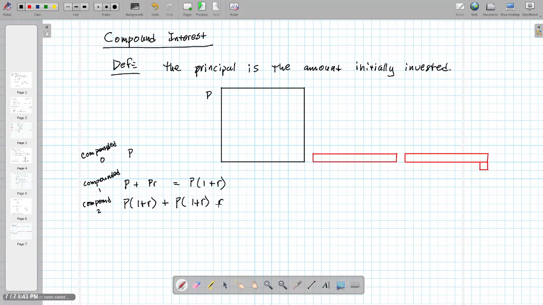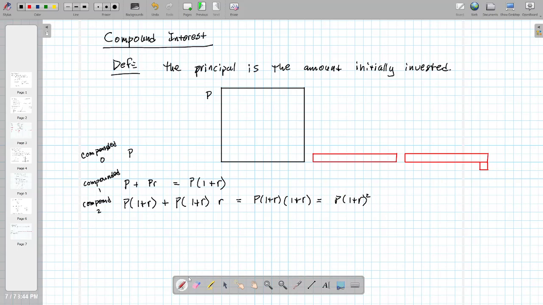What will be left here is just R. So we'll end up with P times 1 plus R times 1 plus R. Now this 1 plus R comes from what would be remaining after we factor out that P times 1 plus R, which is the same thing as P times 1 plus R squared. So now this is our new principal. This is how much we currently have after compounding twice.